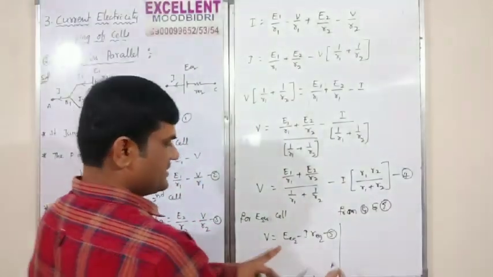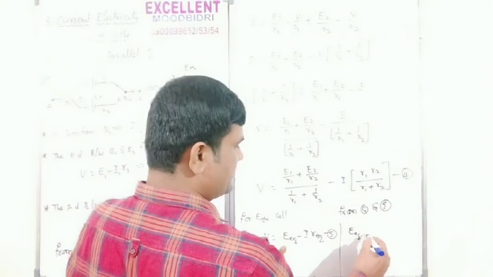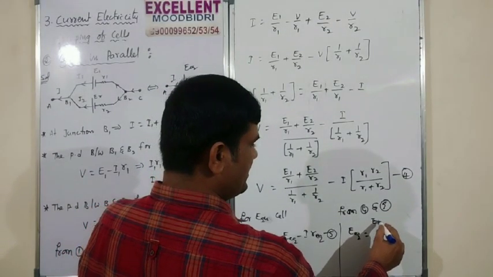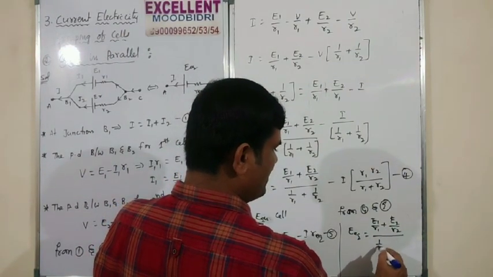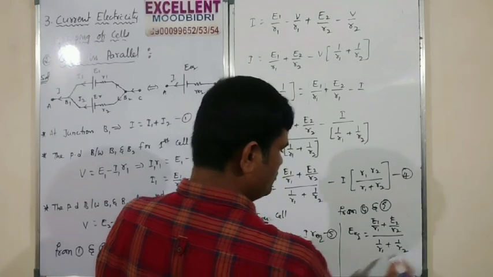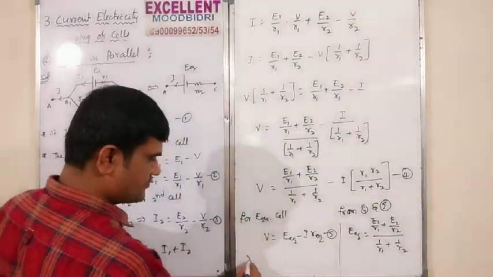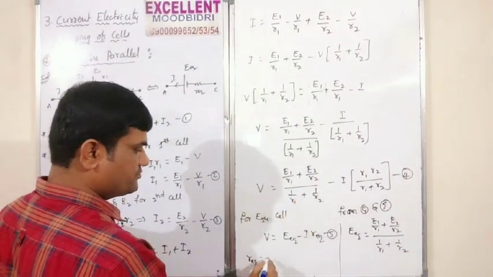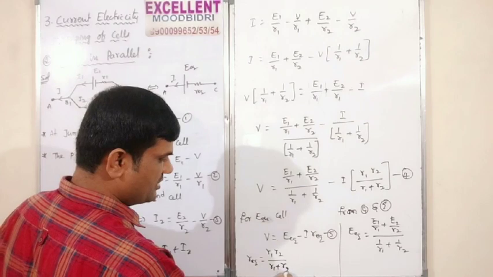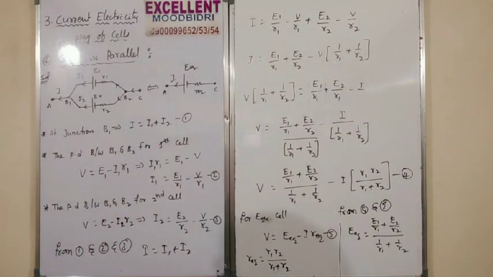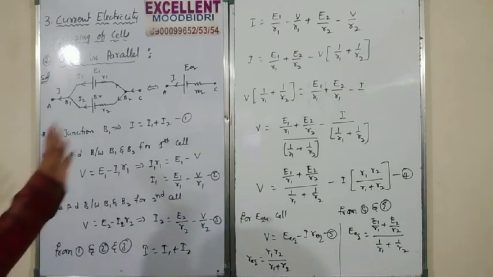E equivalent is equal to E1 by R1 plus E2 by R2 divided by 1 by R1 plus 1 by R2. Similarly, R equivalent is equal to R1 R2 divided by R1 plus R2. Alright? This is for two cells. If I have n cells, then what is the formula, sir? Alright? Okay. Next.